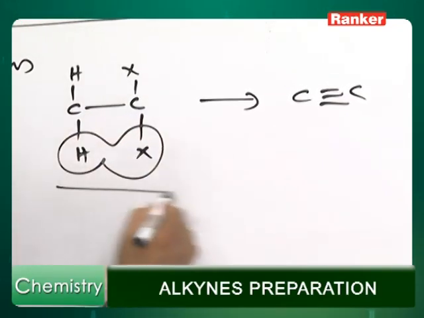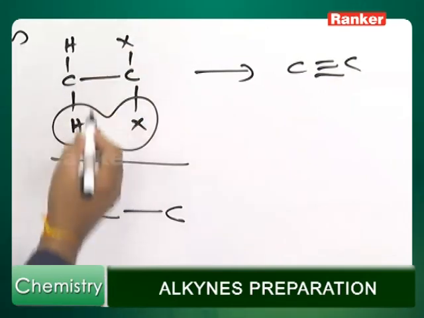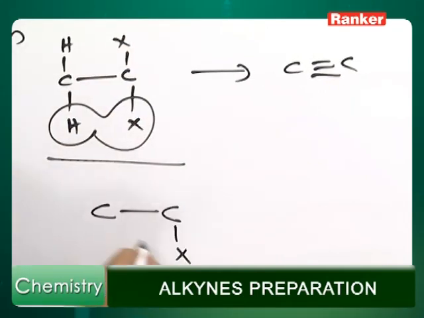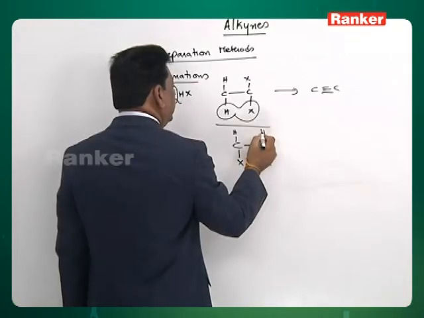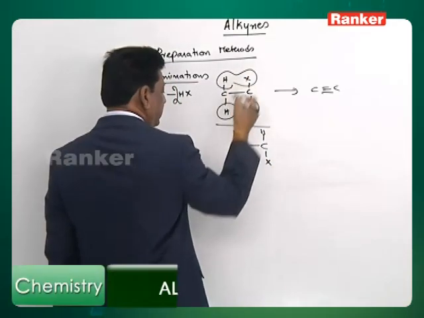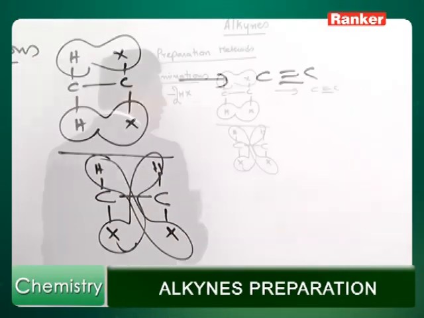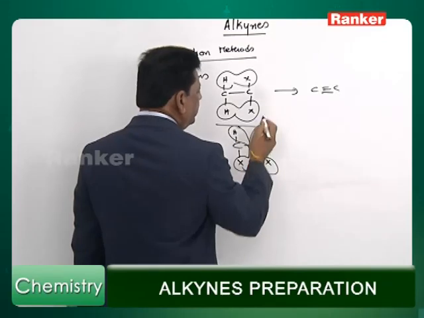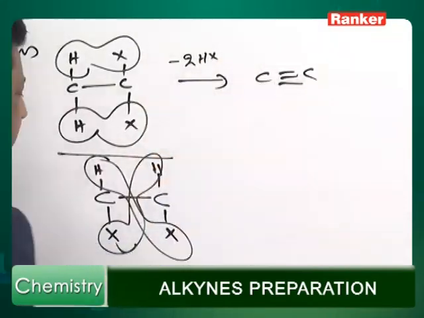This compound can also have another type. The halogens can be here 1,1 type. You can have halogens side by side also, okay. In this case also the hydrogens here, the HCl is eliminated and the HCl is eliminated. Again you will get minus 2 moles of HX and you will get the acetylene.